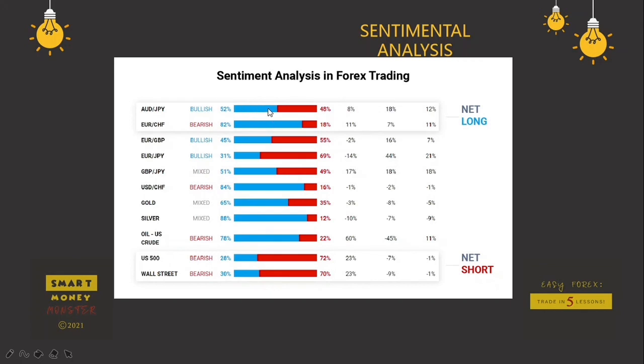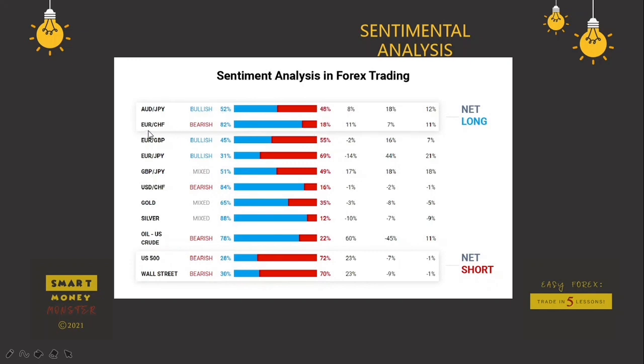Going long means buying. In forex, if you are long, it means you are buying; if you are short, it means you are selling. So it's showing the percentage of traders that are long on the Aussie yen pair: 52% are long, 48% are short.